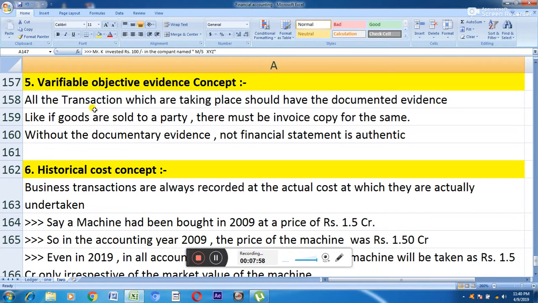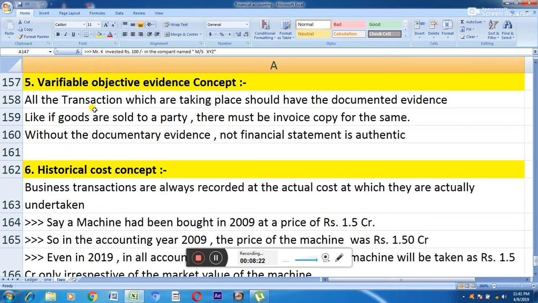Now fifth point is verifiable objective evidence concept. What is it? In the end of the year you are publishing the financial statements. In the financial statements, lots of data are there.